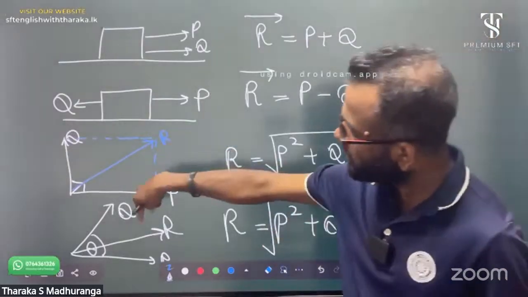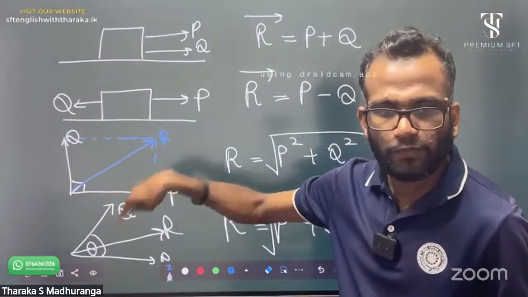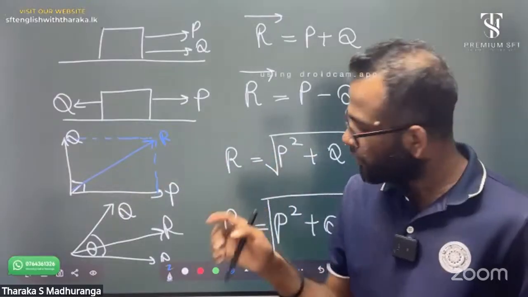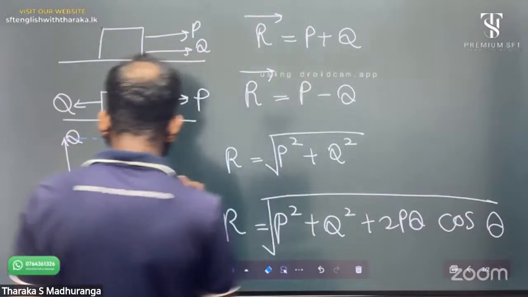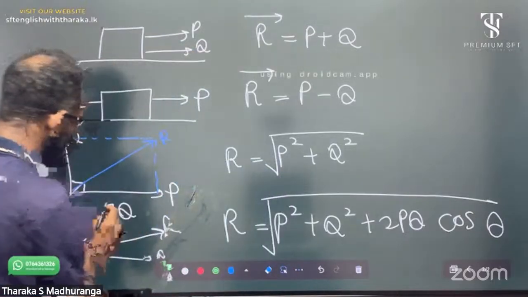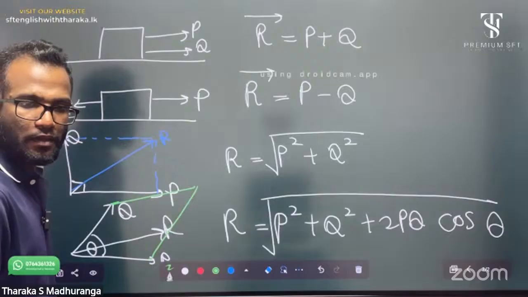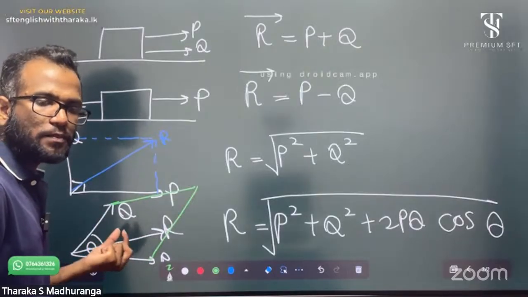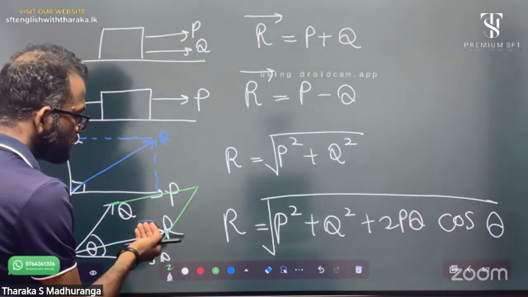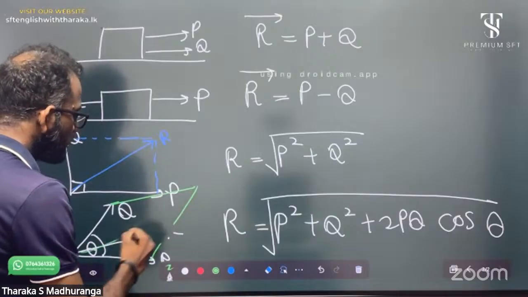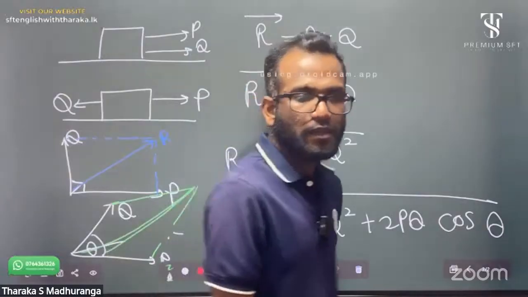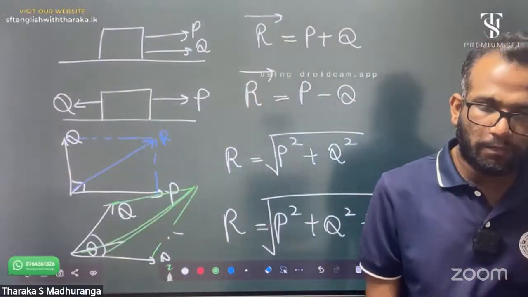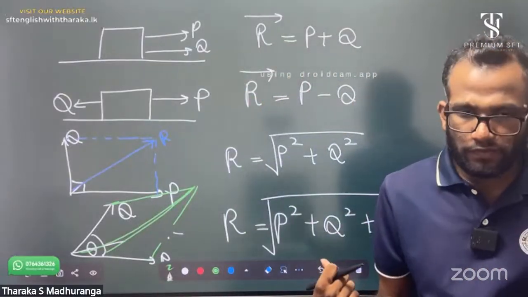This diagonal gives the resultant force. Then the square root of P squared plus Q squared equals the hypotenuse length. This is the method. But how to get the resultant force of two forces at other angles? I told you, complete it as a parallelogram. The diagonal of this parallelogram represents the resultant force. Do you remember?